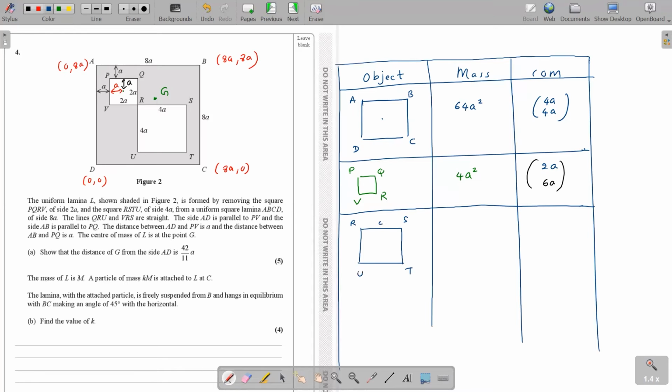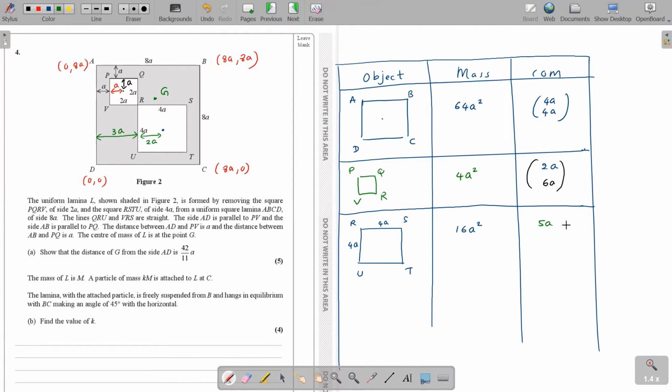RSTU. So it's 4A by 4A. What's the mass? 4A into 4A is 16A square. And then the center of mass coordinate, how much of a distance do we have? This distance is already 1A plus 2A, altogether 3A. And this distance is half of 4A, which is 2A. So altogether my x distance of the center of mass is 5A.